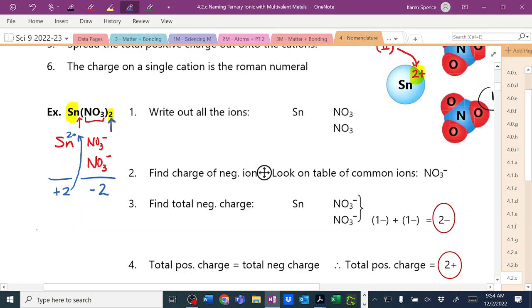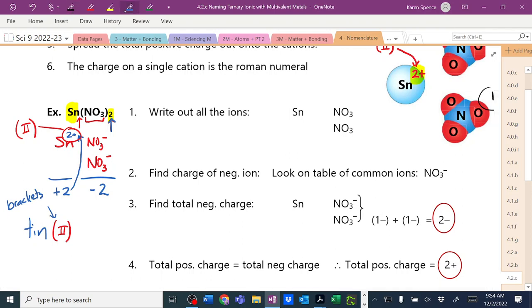And so this would then be tin. That 2 plus tells us that the Roman numeral is 2. And the charge, of course, goes in brackets. Tin(II) nitrate. NO3 is nitrate. Look that one up on your pink sheet.